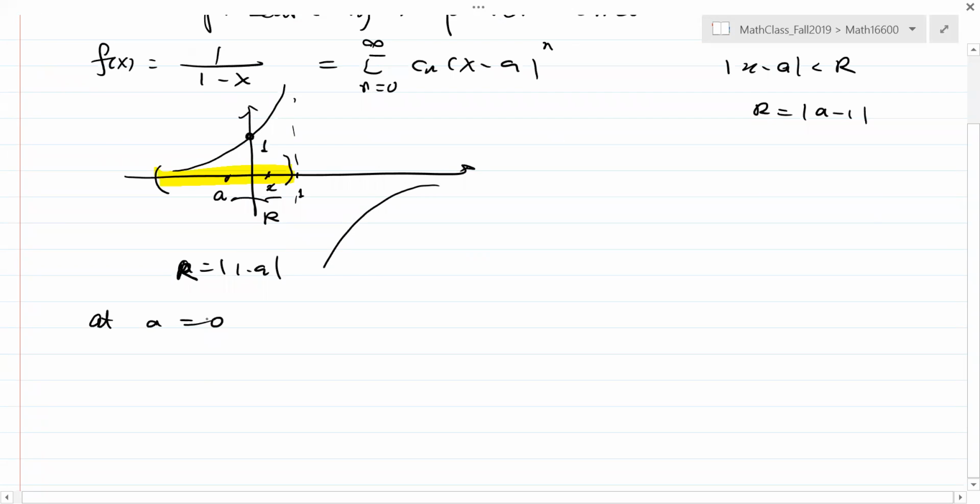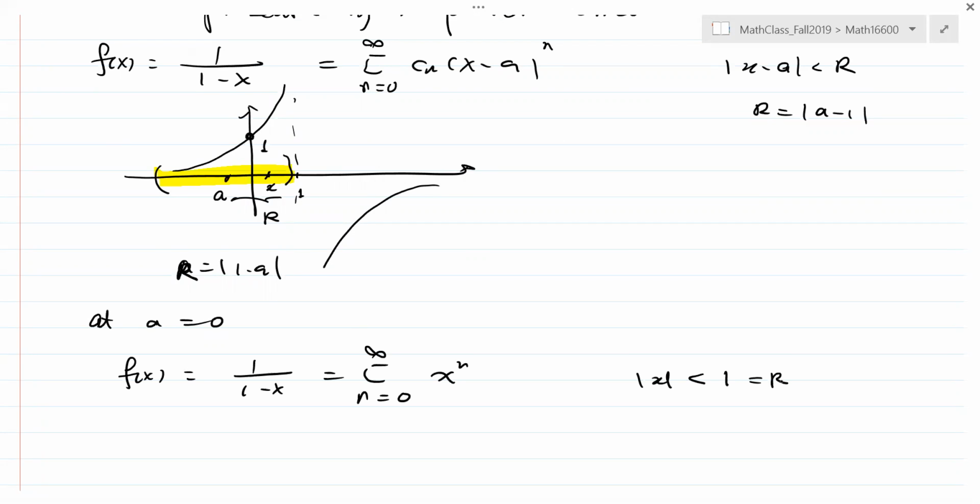The special case is what happens at a equals 0, the origin. We know that's the geometric series. So we know that f of x equals 1 over 1 minus x, which is the sum of x to the power n. Here is 1, and this is R. For x between negative 1 and positive 1, both sides are equal.